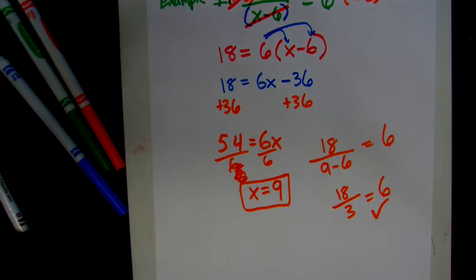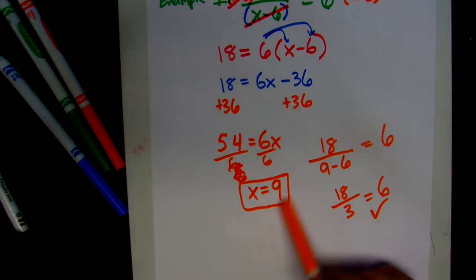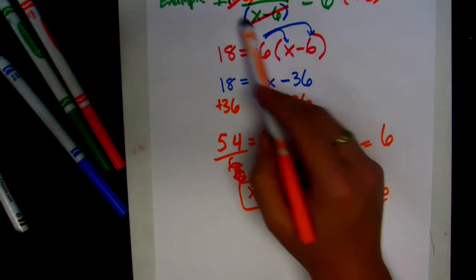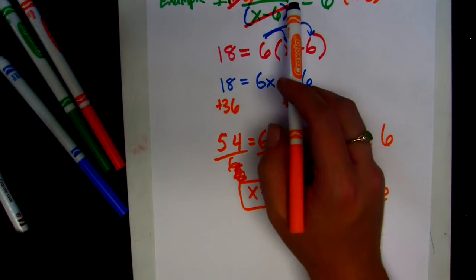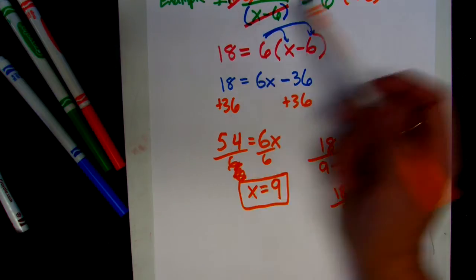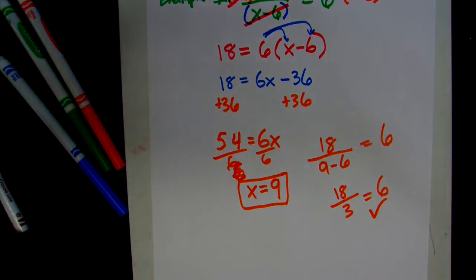Another way to check our answers is to look at what we have and think, if this was a function, would it be in the domain? For example, because this is x minus 6, x can't be 6. It can be any other number except for 6.